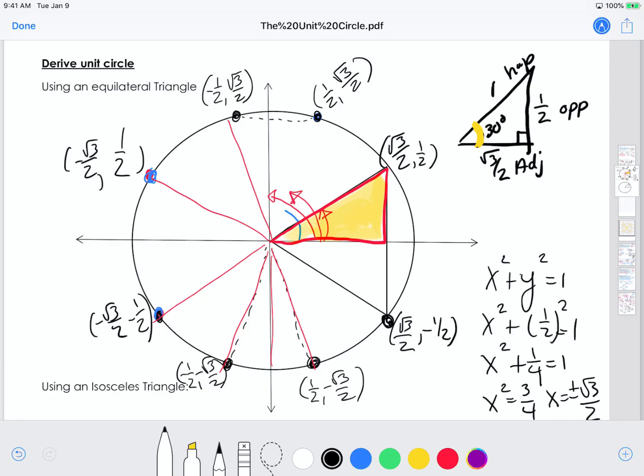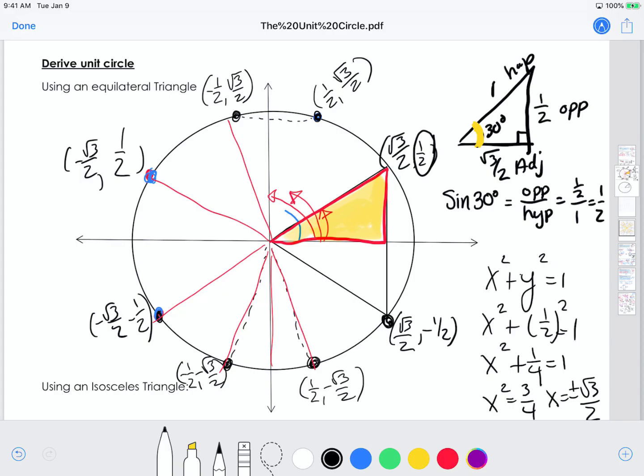So if we now relate this to our trig ratios, the sine of 30 degrees is going to be opposite over hypotenuse, if we think back to our trig ratios, and our opposite over hypotenuse is 1/2 over 1, which is 1/2. So if you notice, the sine value is literally just giving us our y value.